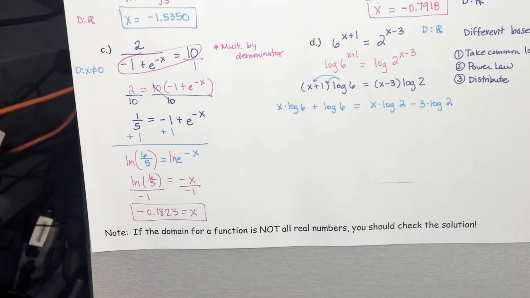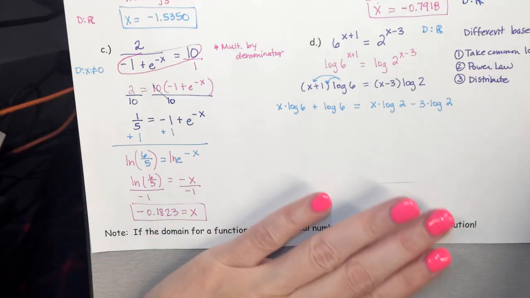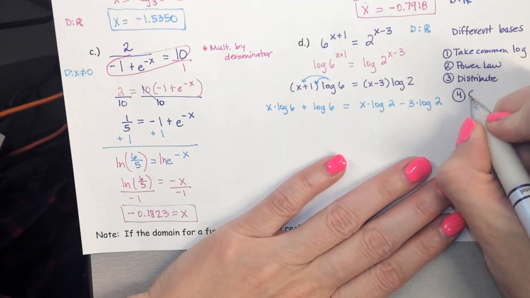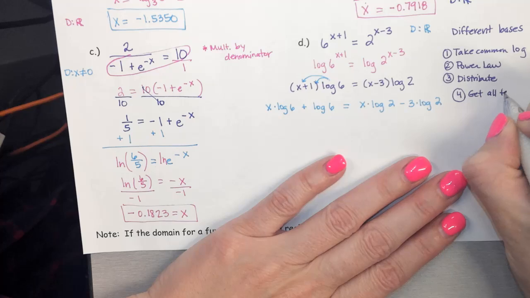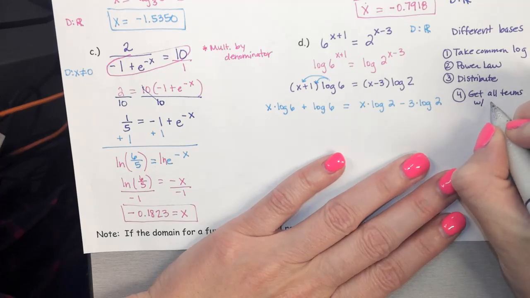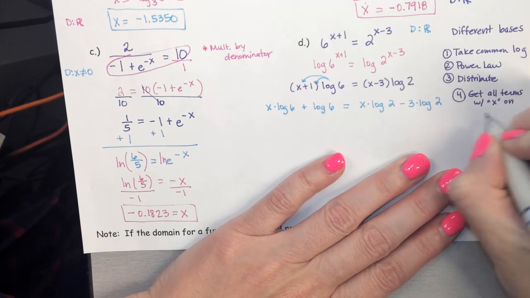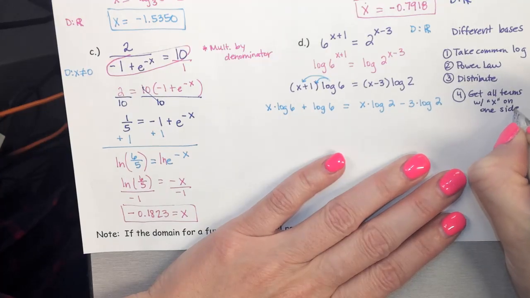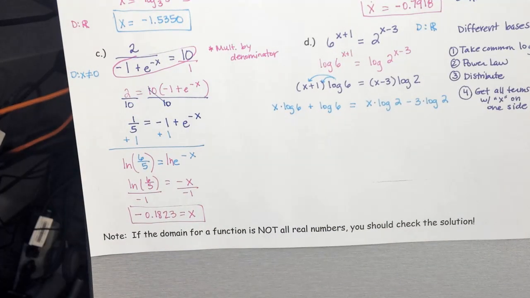Okay, I think this is really similar to what we did when we were solving for inverses and we had two variables. Remember how we had to get all the y terms on one side so we could factor it out, and we had to get all the other terms on the other side? This is very similar. We want to get all of your x terms on one side, and it doesn't matter which side.